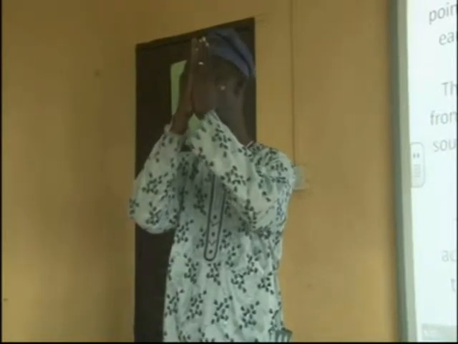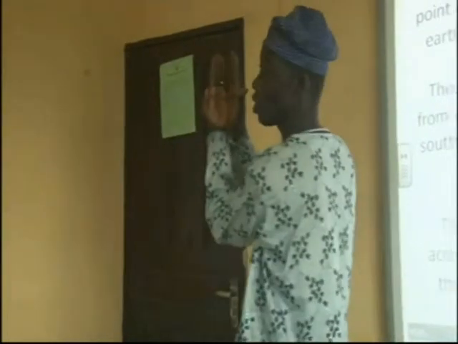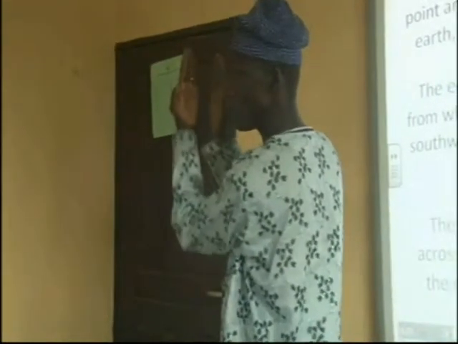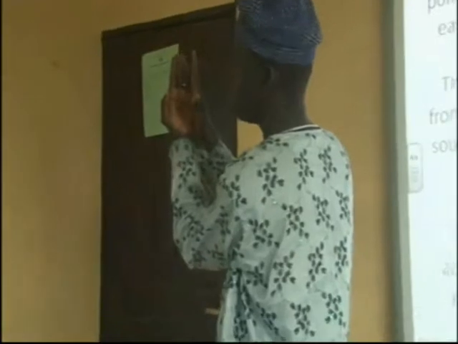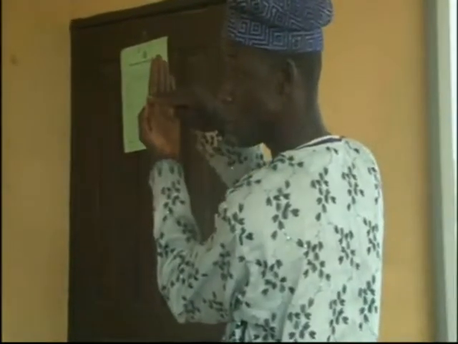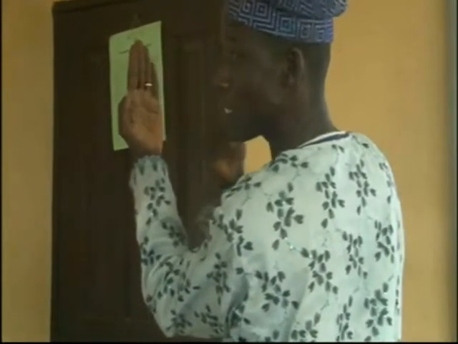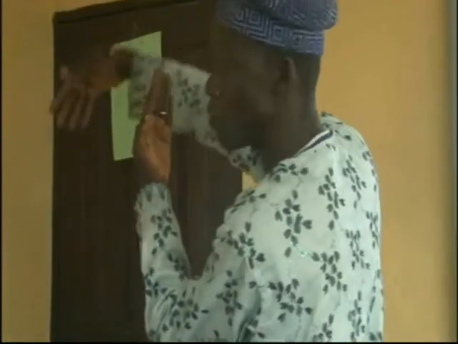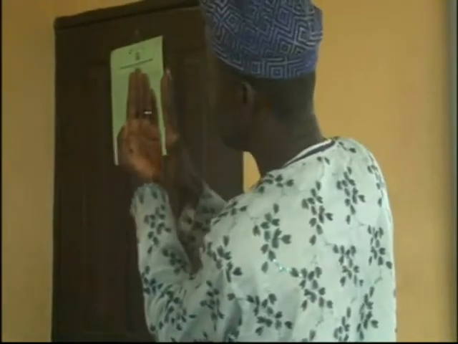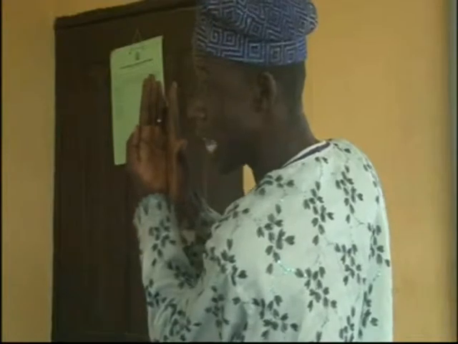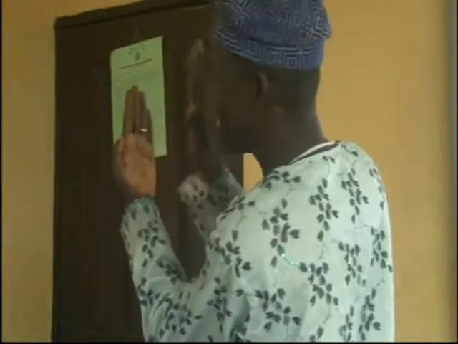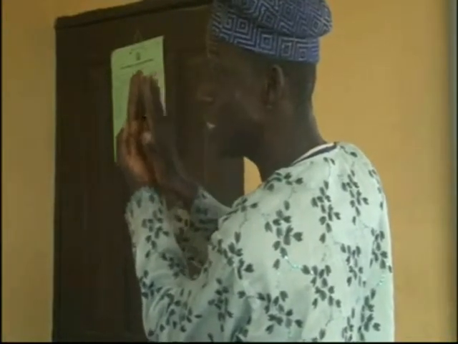If this is longitude 0, the Greenwich meridian, look at my palm, it is to the right of Greenwich. Is that right? And to the right is what? East. To the left is what? West. If the angle between the two of them here is theta, then this will be longitude theta degrees east.